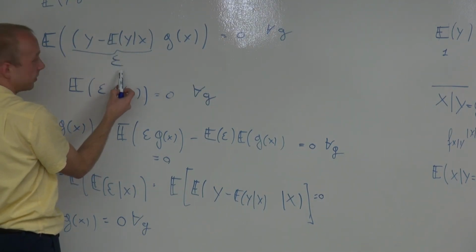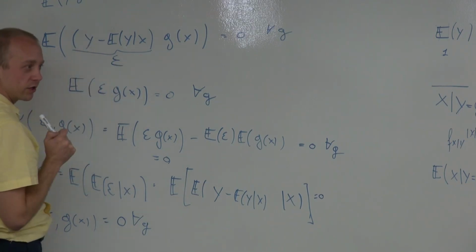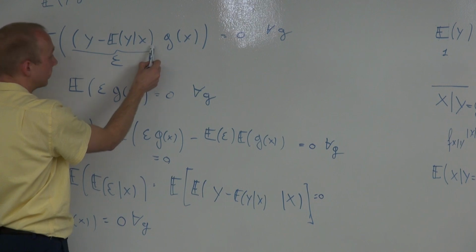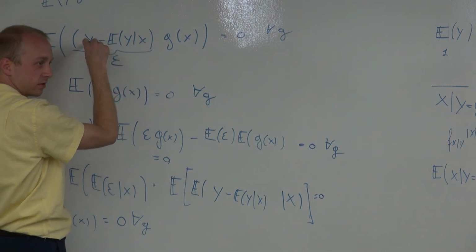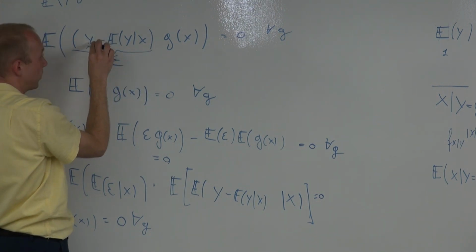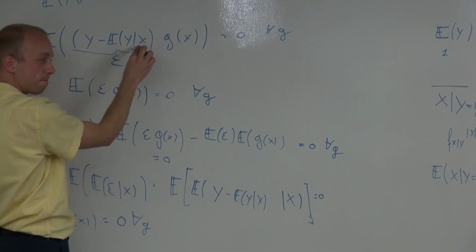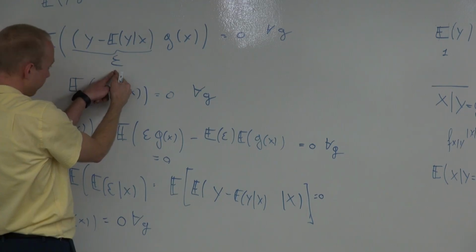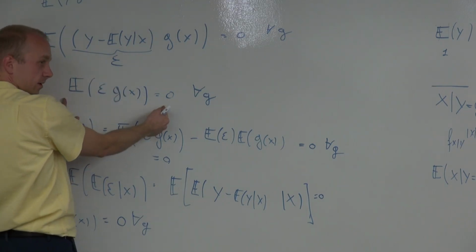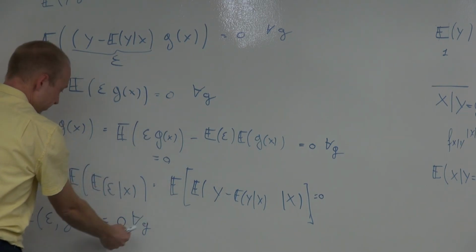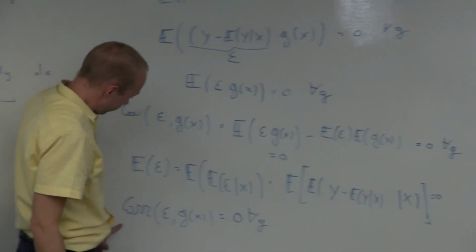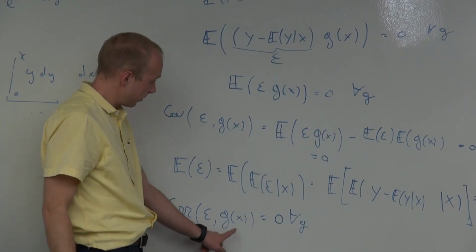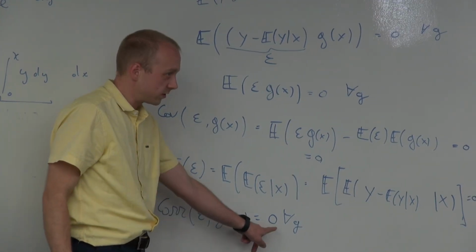It is your approximation error between the conditional expectation and the reality that is y. This error satisfies this thing, which means that the correlation between your approximating error and any g of x is 0.